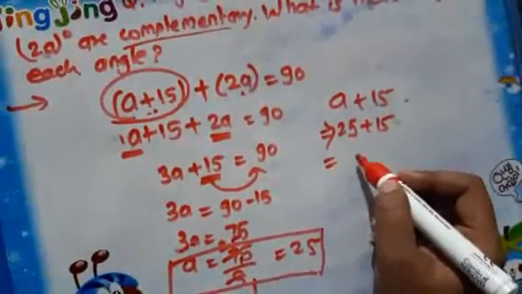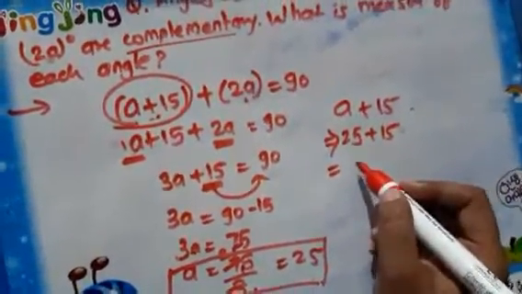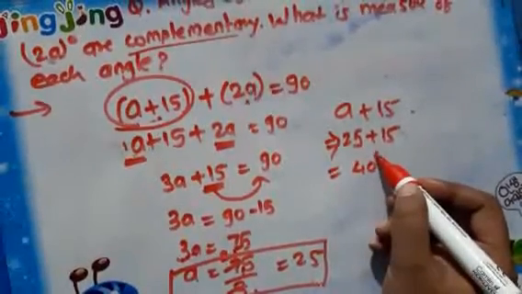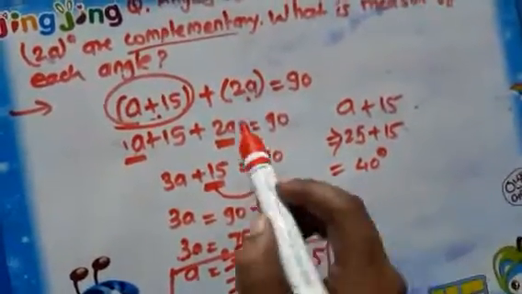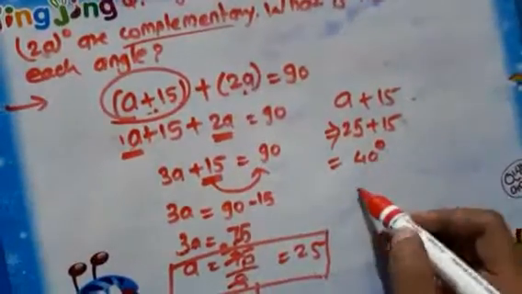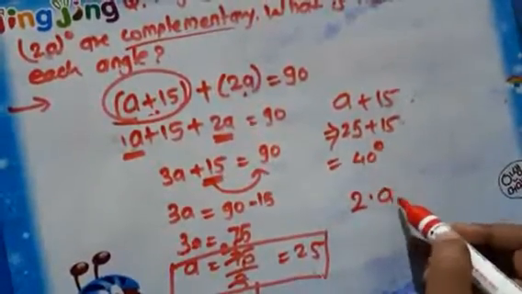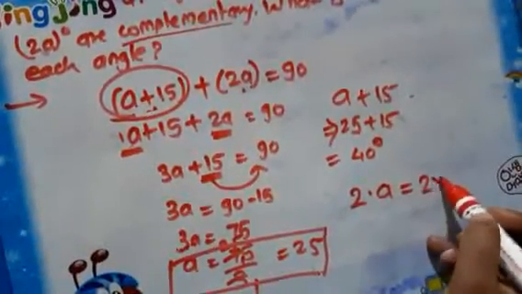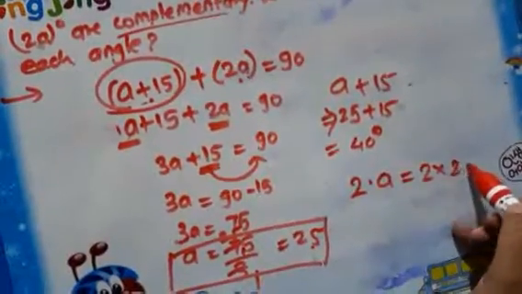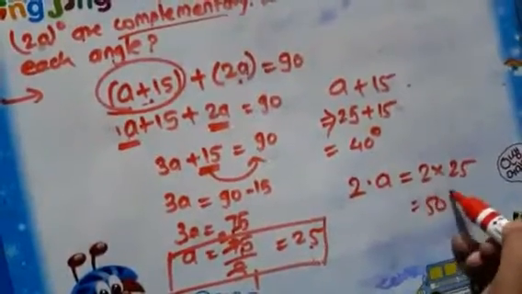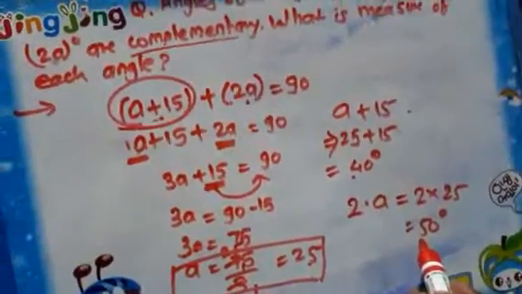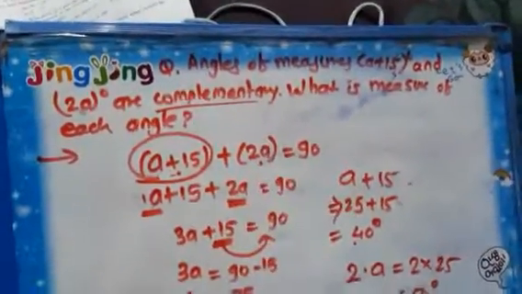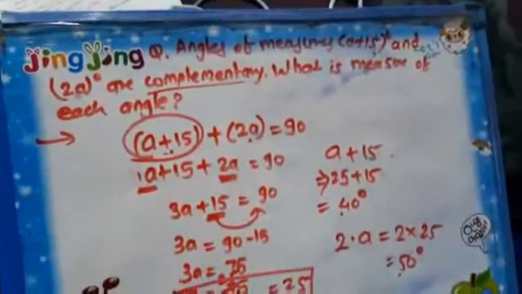It will be equal to 40 degrees. So the first angle is 40 degrees. The second angle given is 2a. So 2 into a, so it will be 2 into 25, 50 degrees. You can check 40 plus 50, 90. And they are complementary. Means our answer is correct.